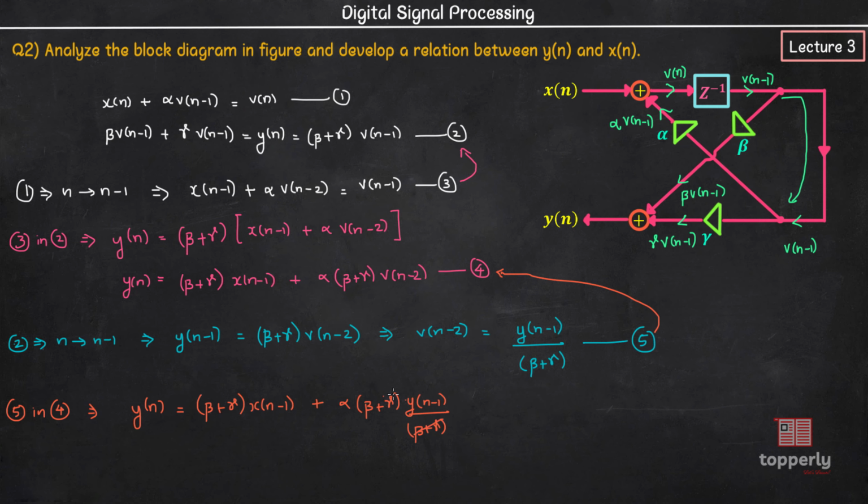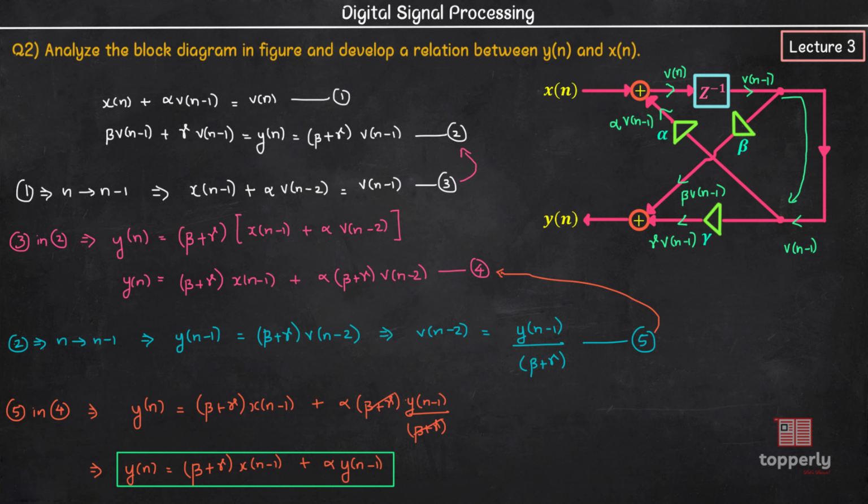So this beta plus gammas cancel out, giving us y of n equal to beta plus gamma into x of n minus 1 plus alpha into y of n minus 1. So this is the relation between x of n and y of n in this particular question.